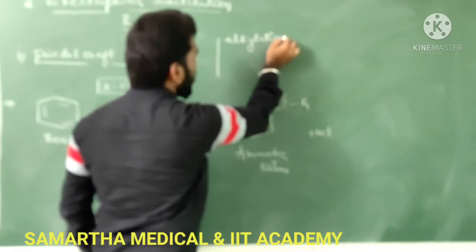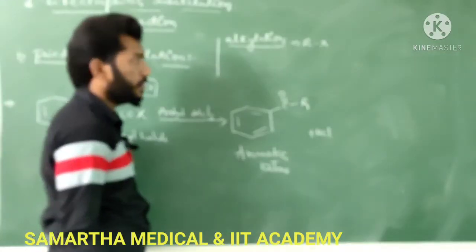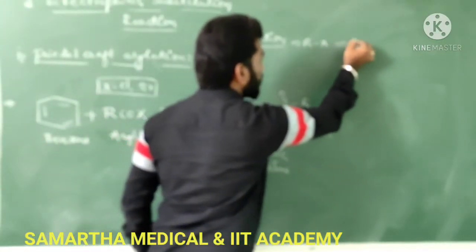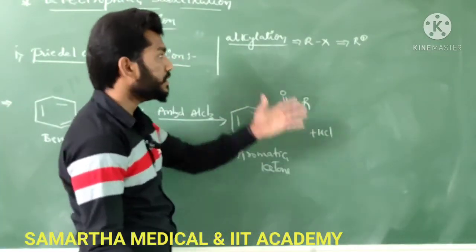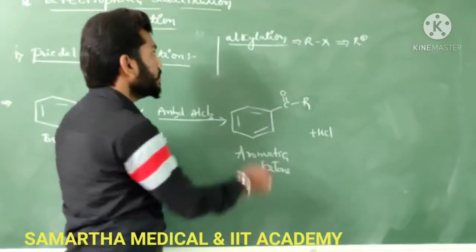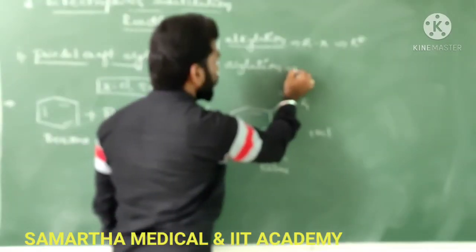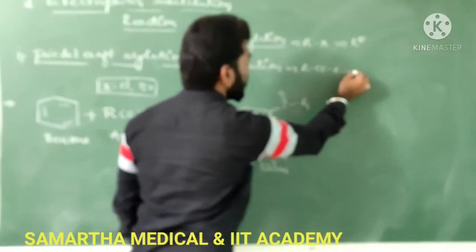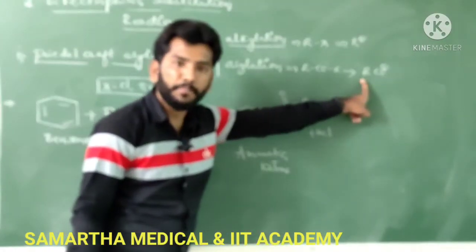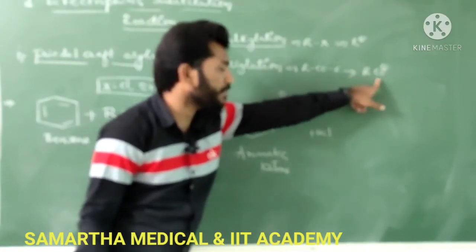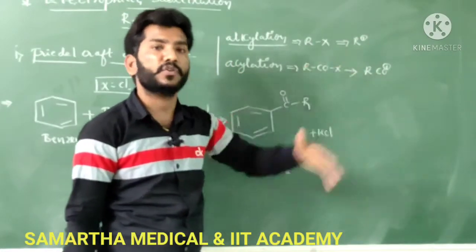In alkylation we use RX, an alkyl halide, where R+, such as methyl carbocation or ethyl carbocation, is the electrophile. In acylation we use RCOX, and the electrophile is RCO+. In alkylation, R+ is the electrophile.